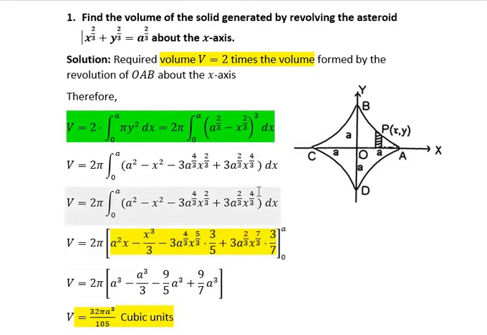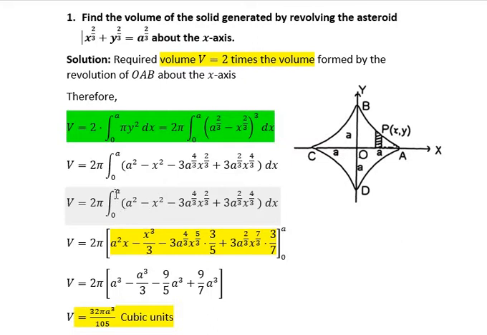Similarly, x to the power of 4 by 3 we integrate, that is x to the power of 7 by 3 into 3 by 7, and the constant 3a to the power of 2 by 3 we have taken as it is. This is nothing but the integration of the above equation.